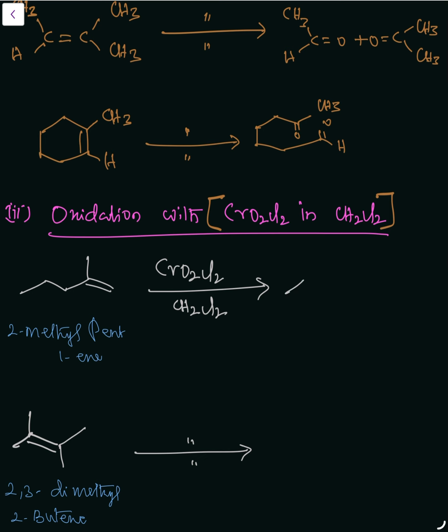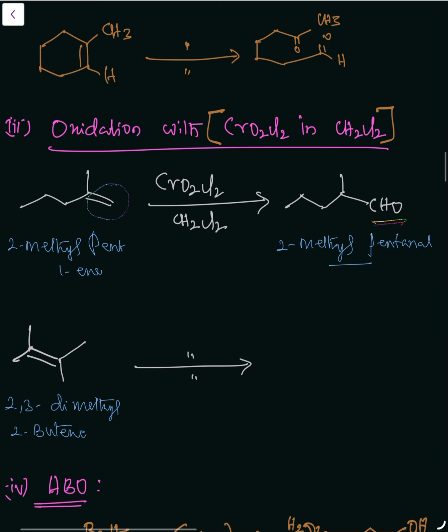So here in total we have 5 carbons, and whatever CH2 group is there is converted to a CHO group. So the remaining groups are as they are. This is a methyl group. So the name of this compound is 2-methylpentanal. Just the CH2 group is converted to a CHO group, meaning alkenes are oxidized to aldehydes.